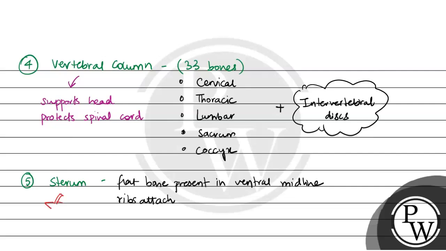Sternum is also called the breastbone. Sixth are the ribs, which are present in 12 pairs.